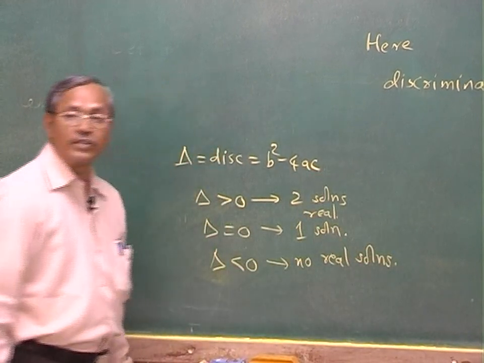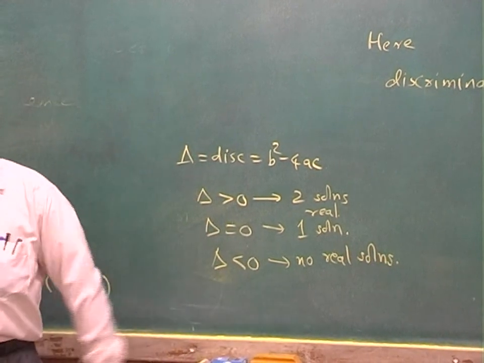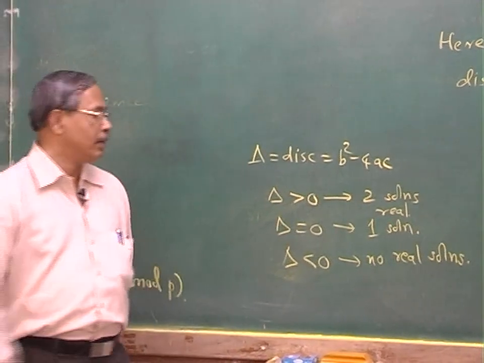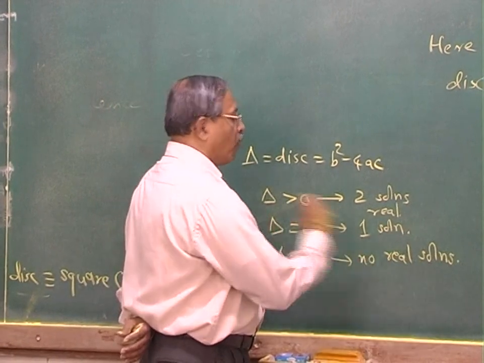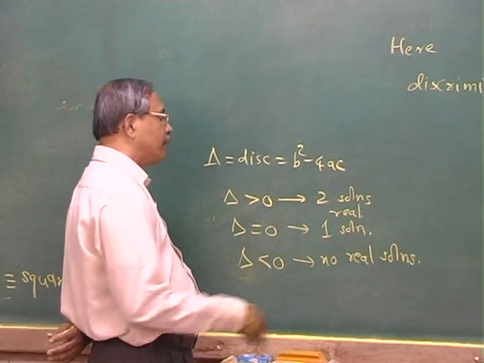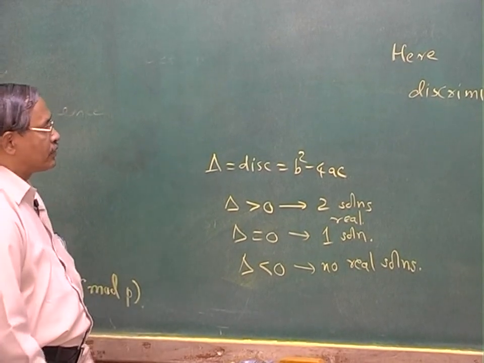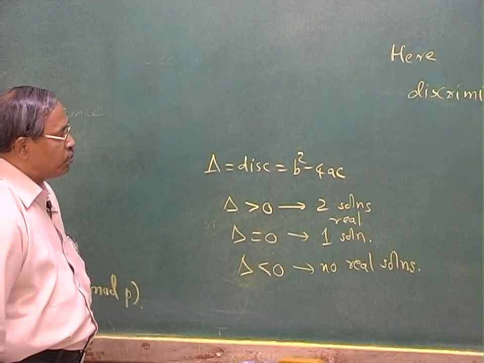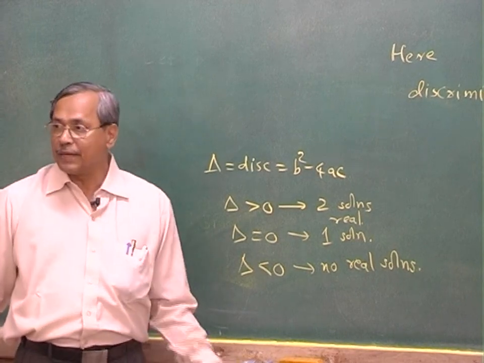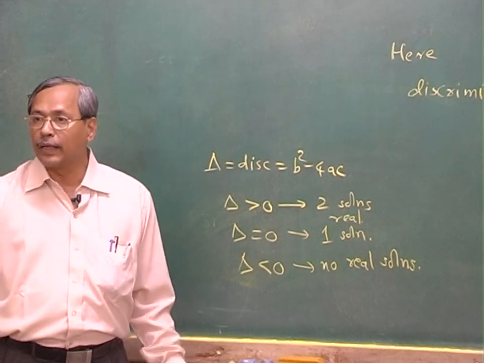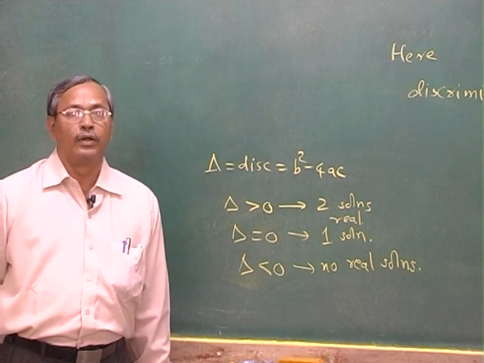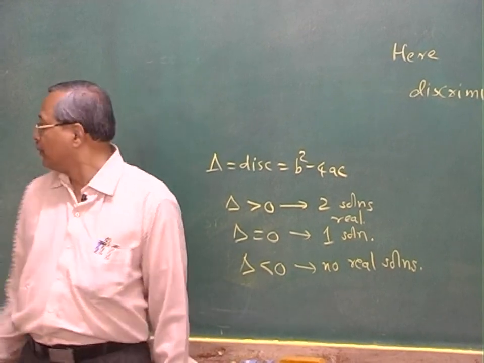The quadratic equation, and then we express the solutions in the form of complex numbers, and then we have this formula: minus b plus or minus root of b square minus 4ac upon 2a. The same formula you can get in the case of mod p also.